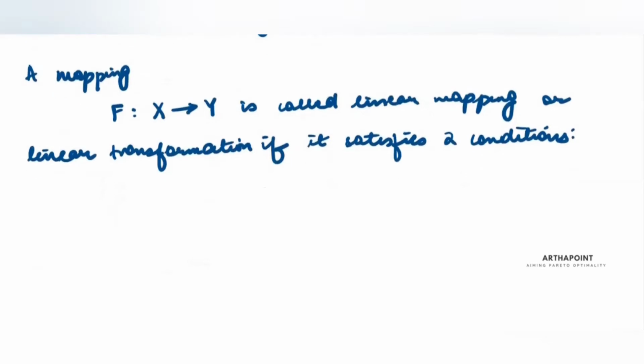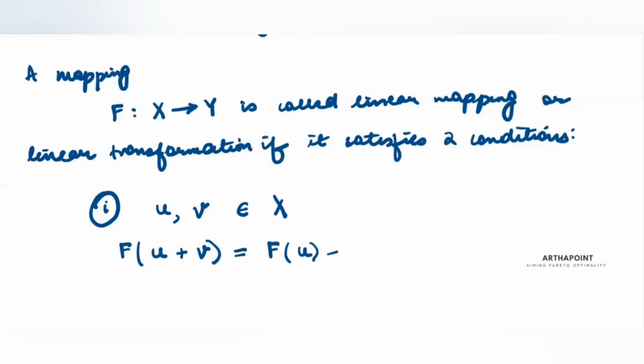The first condition that it should satisfy is that for any two vectors, u and v, that belong to your vector space X, when I find u plus v, I will show you, don't worry, but we should first understand the definition. When I have f of u plus v, it should be equal to f of u plus f of v.